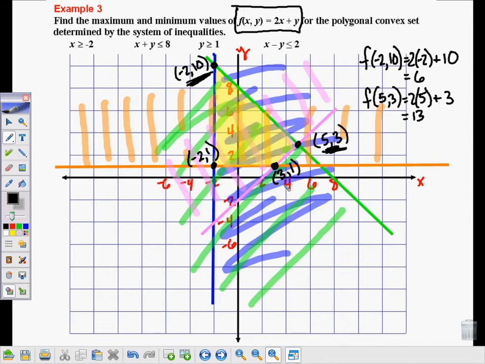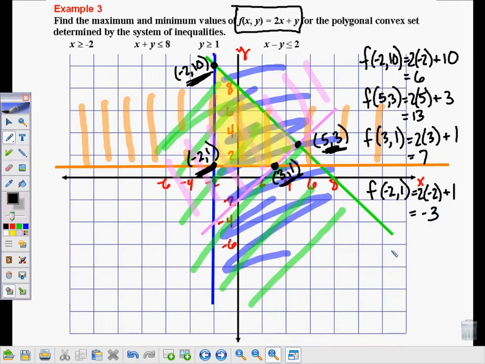That's already bigger. Let's do the next one here, 3, 1. So f of 3, 1 is going to be 2 times 3 plus 1. That comes out as 7. And we have one more to test. That is f of negative 2, 1, and that comes out as 2 times negative 2 plus 1. So that's negative 4 plus 1, which is negative 3.